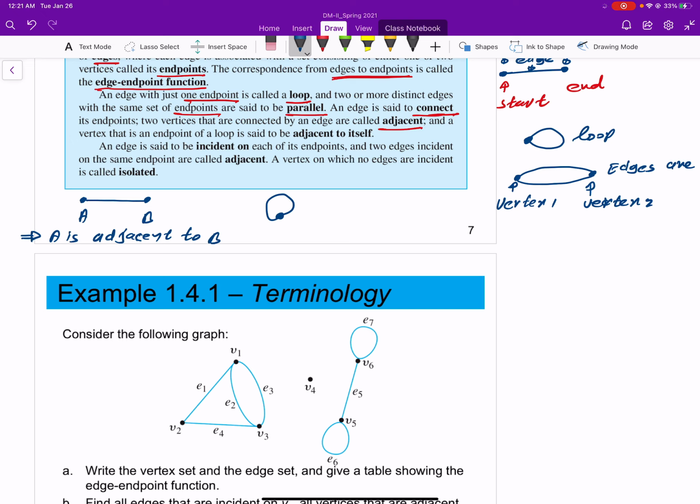So you say A is adjacent to A. This is a special case. Okay, it's a loop. You say A is adjacent to A. All right.